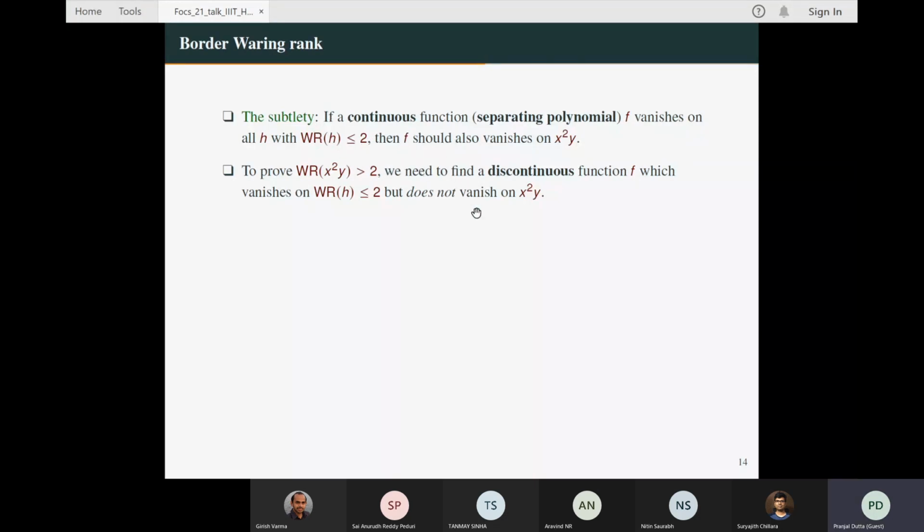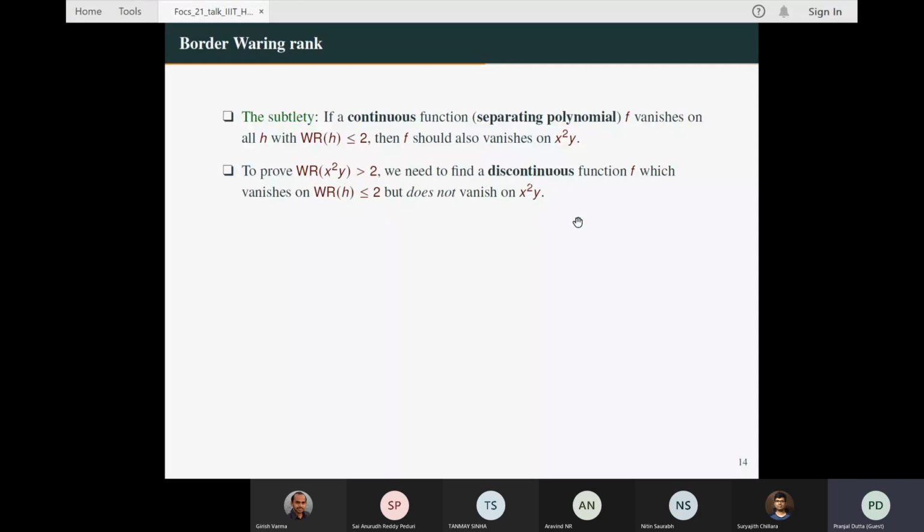But as I told you, x square y cannot have Waring rank 2. That means to separate these lower bounds in terms of these separating polynomials, we really have to come up with a discontinuous function that vanishes on all the Waring rank less than or equal to 2, but cannot vanish on x square y.